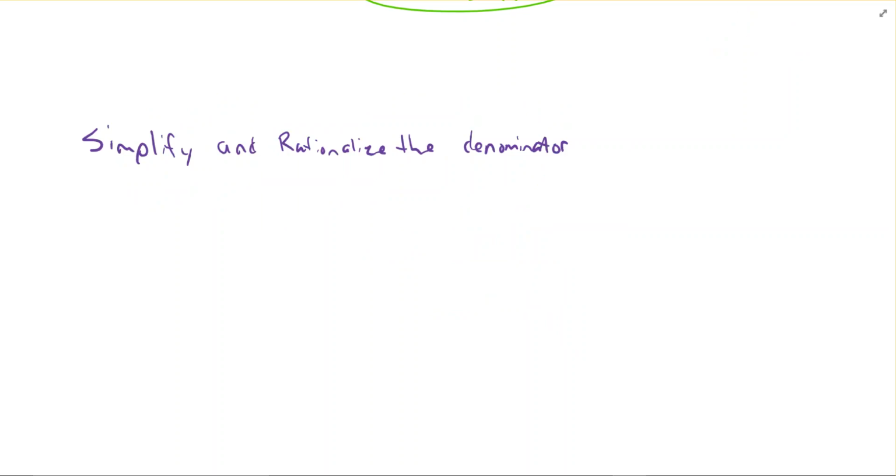Okay, so now let's do another one, and let's say you have to rationalize the denominator on this one too. So we had 4x squared y times square root of 8x squared y.